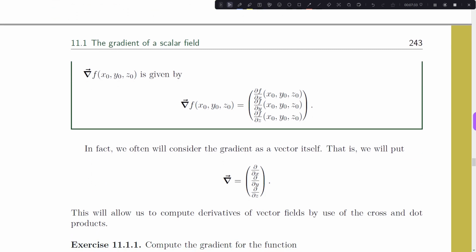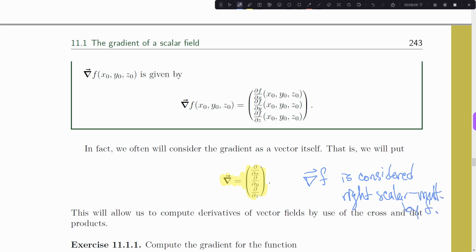A lot of times we'll consider, and some people say this is bad notation, I don't agree, but some people will, you can consider the gradient itself as a vector, in which case you're performing scalar multiplication by f on the right.